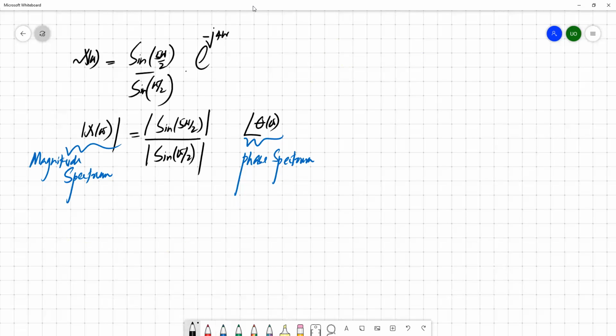So the phase spectrum is actually, so you can take this, and this is the phase spectrum.